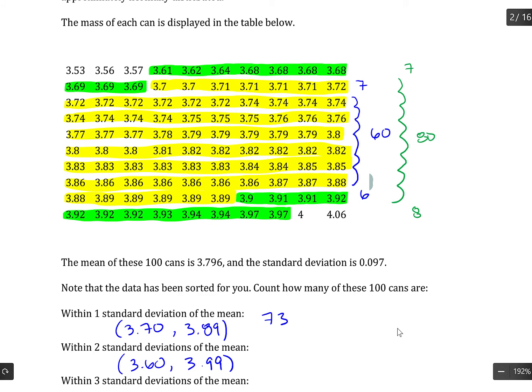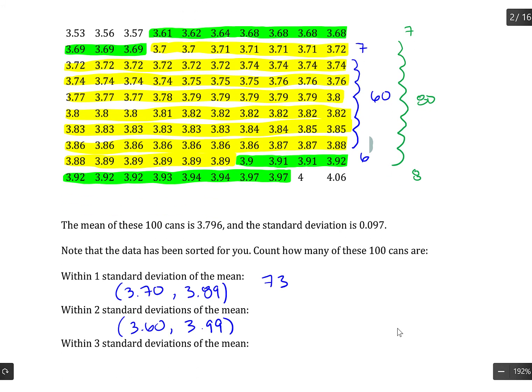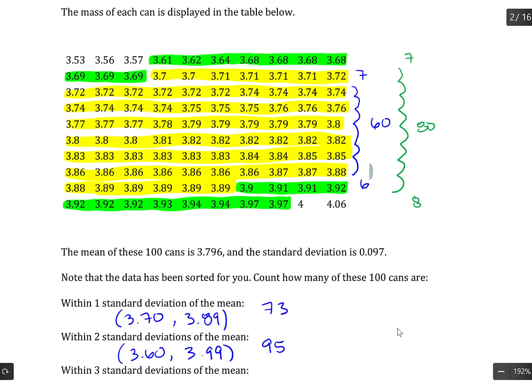So I add that together, that gives me a total of 95 values. And that is right in line with the prediction of the empirical rule. Because the empirical rule says that there would be about 95% of your data within 2 standard deviations. And here there's exactly 95%.